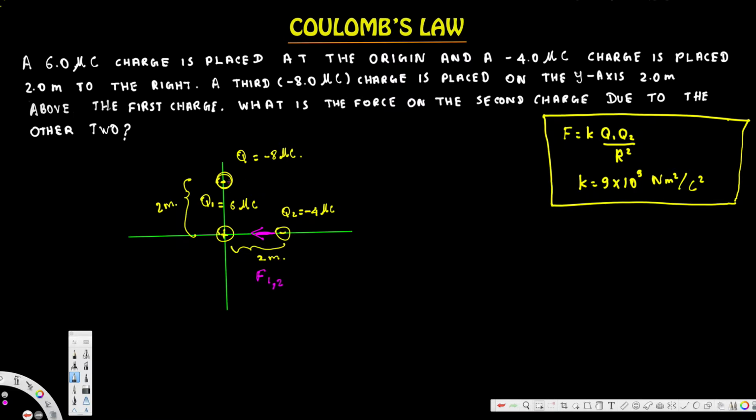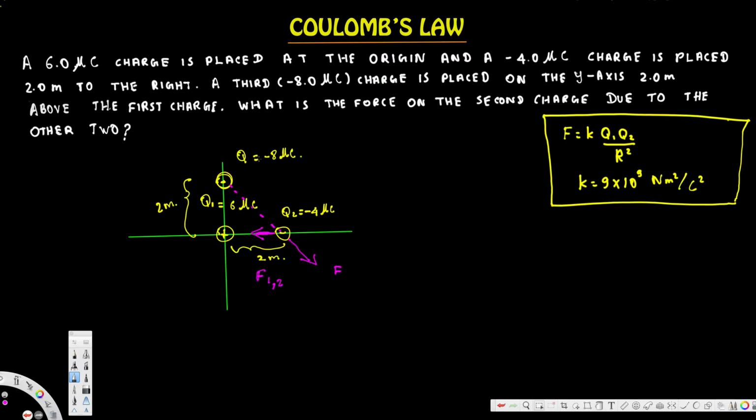We also have another force due to the third charge. We are interested in finding the force on the second charge due to the other two. So we have a force on this negative charge due to this negative charge, but equal charges repel each other, so the force is in this direction.